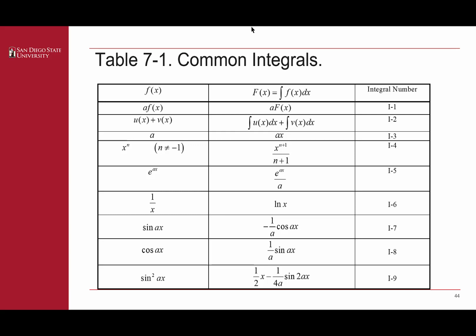So this is quite different than the derivatives, so please pay attention to this important detail. x to the power of n, where n is not minus 1, the integral of this is x to the n plus 1 over n plus 1.